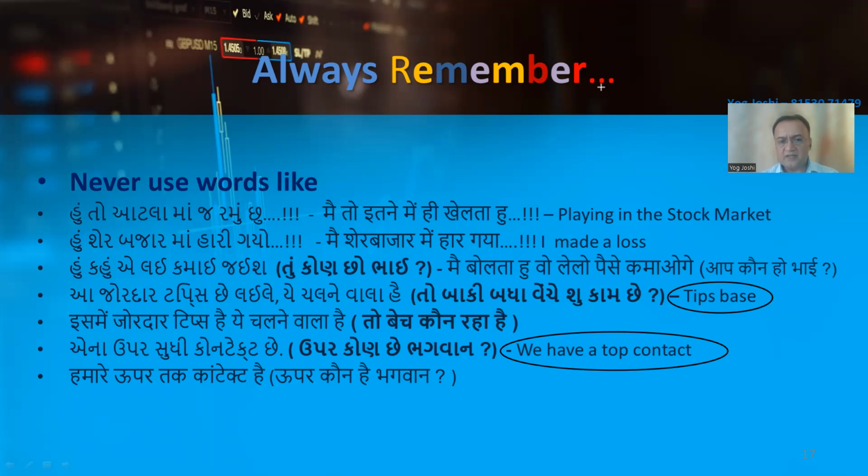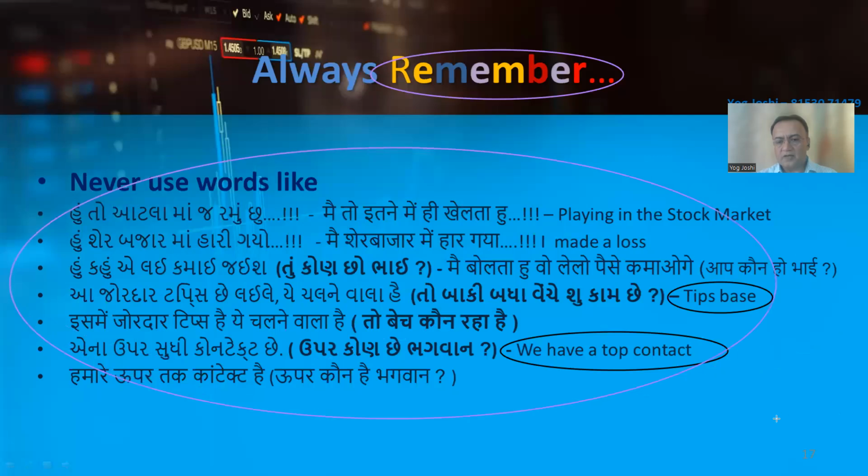That's why I wrote here: remember words in different colors. Why in different colors? Because whenever you start talking about the stock market or the currency market or technical analysis, different types of people are always available in the market.